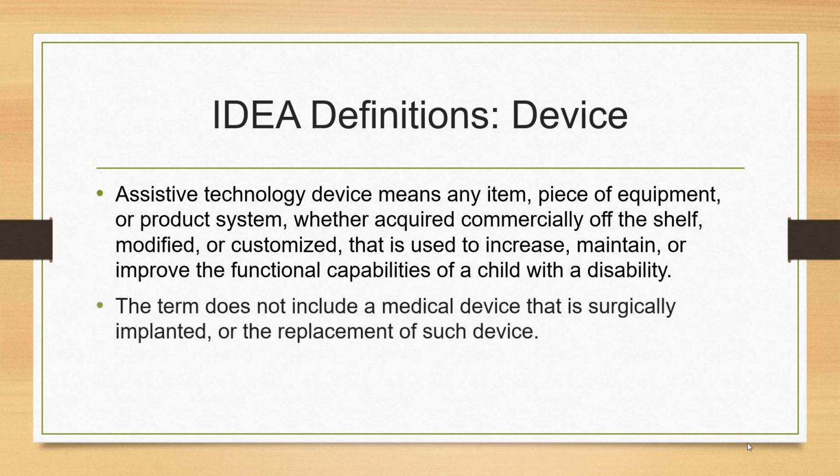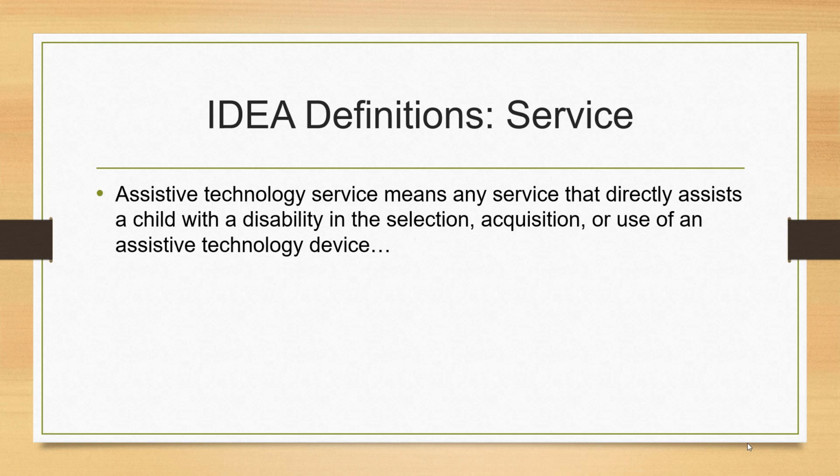The term does not include a medical device that is surgically implanted or the replacement of such a device. An assistive technology service is any service that directly assists a child with a disability in the selection, acquisition, or use of an assistive technology device.